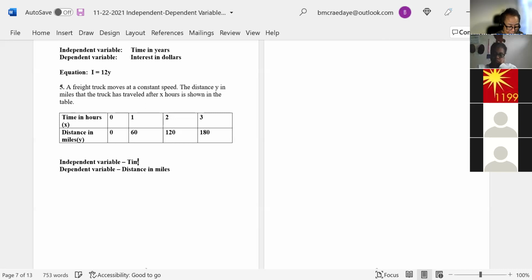So time in hours is independent. That's the input. In other words, you put in the time and you can calculate the distance. So the distance in miles, which is y in our table, so that's y equals.